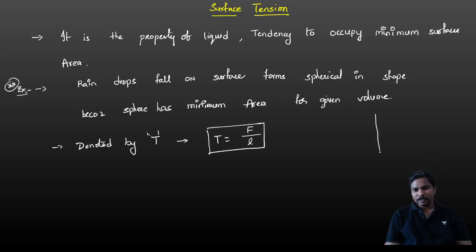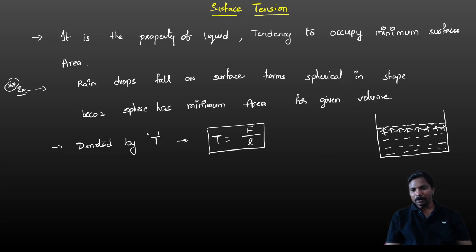If you consider some liquid in a container like this, this surface tension always tries to have the force on the total unit length of the liquid. So force on the total unit length of the surface is nothing but what you can say is surface tension.